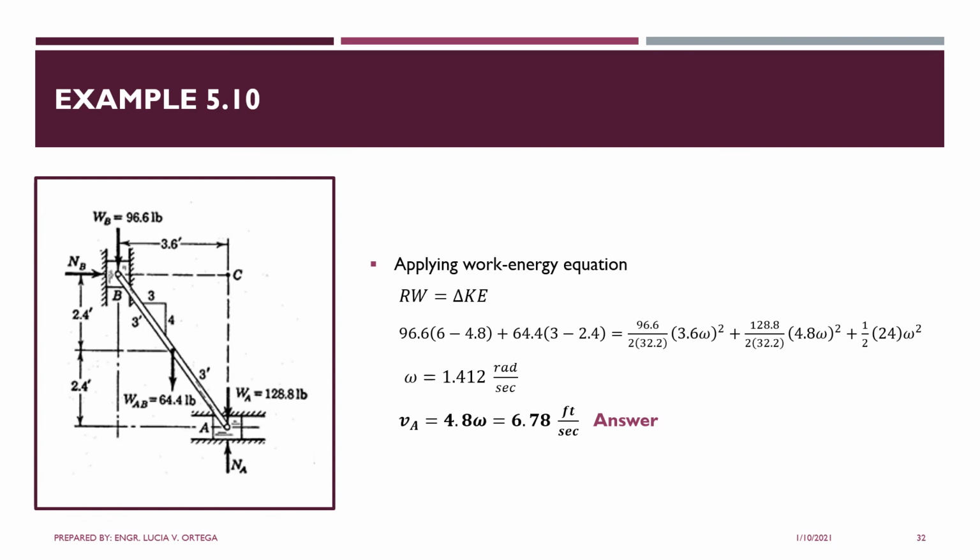From this equation, the only variable is the angular velocity. We can solve for the angular velocity, and v sub A is 4.8 times omega. So you can solve for the velocity of A, that is 6.78 feet per second.